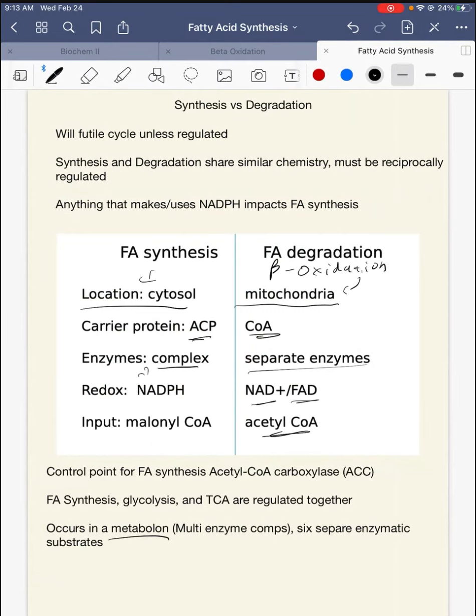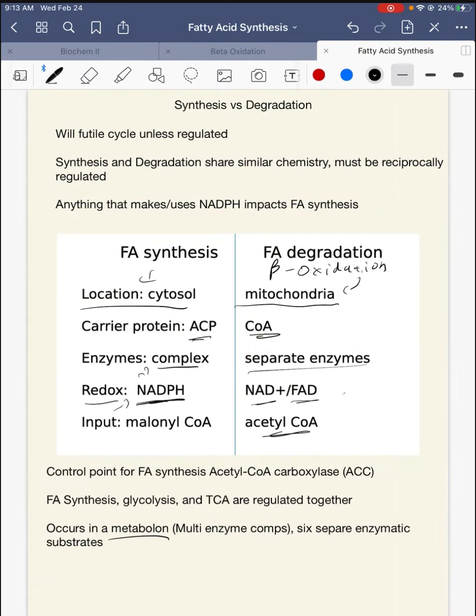We also need a redox agent. We use an oxidizing agent for beta oxidation, hence the name beta oxidation, and then we use a reducing agent in fatty acid synthesis, and the cell generally uses NADPH. So if you think about other pathways that we went over, you'll remember that in the oxidative phase of the pentose phosphate pathway, we make NADPH.